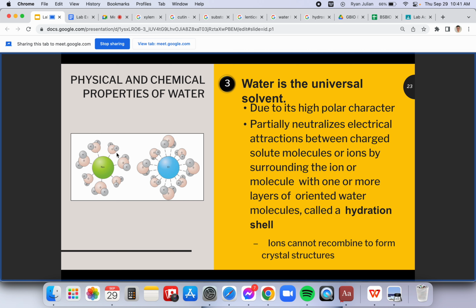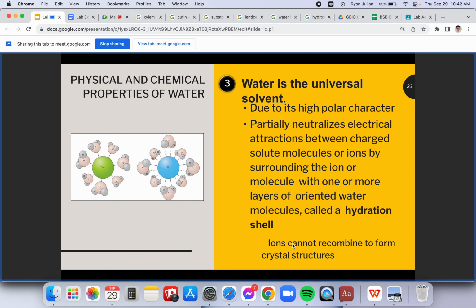So these are the hydration shells that I am referring to, protruding from the Na+ ion and the Cl- ion, the former having the positive charge while the latter having the negative charge. They are protruding in a way that they are stacked up together, forming layers. And ions cannot recombine to form crystal structures.